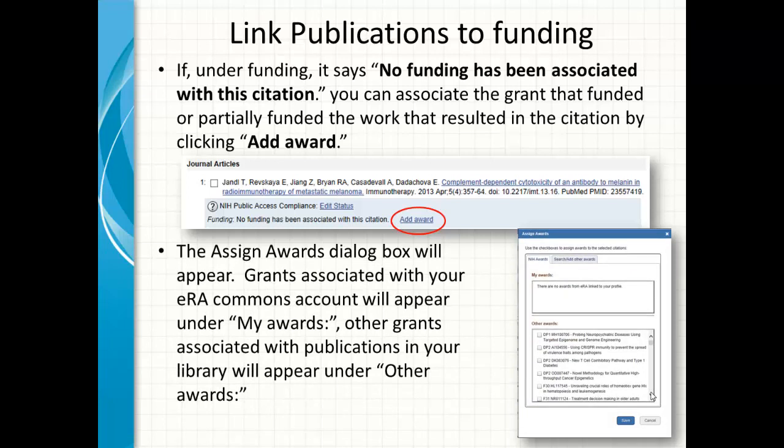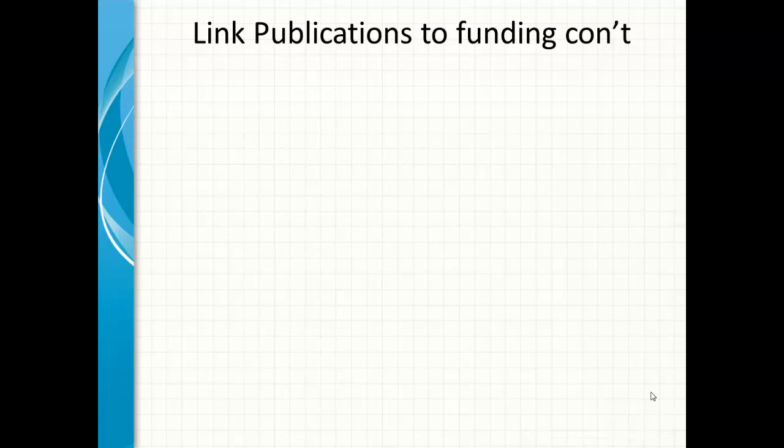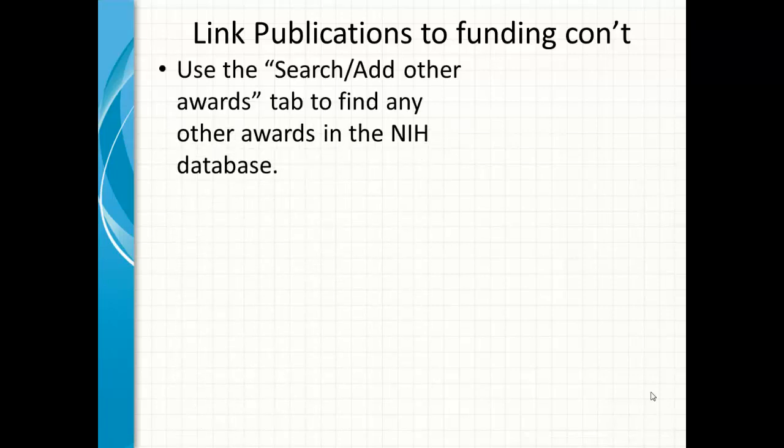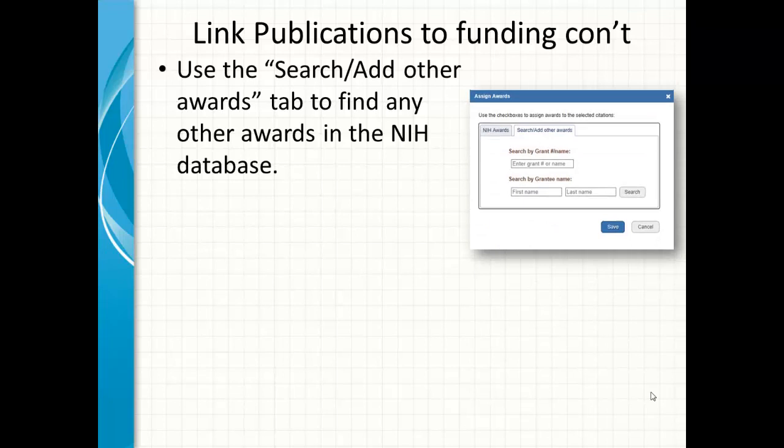Grants associated with your ERA Commons account will appear under My Awards. Other grants associated with publications in your library will appear under Other Awards. If neither is appropriate, you can use the Search Add Other Awards tab to find any other awards in the NIH database.